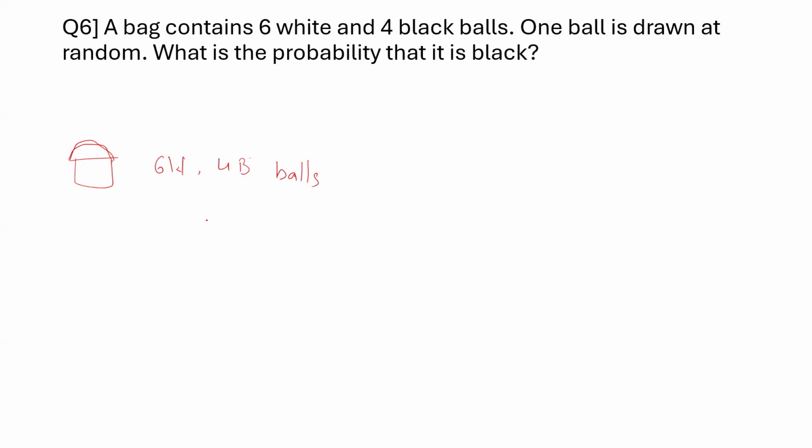What is the probability that it is black? Again, simple. Probability of one black ball. How many black balls are there? 4. How many total balls are there? 10. So the answer would be 2 upon 5. This is the probability.